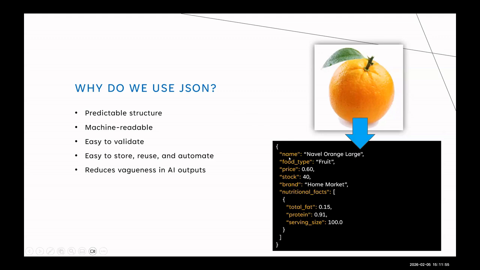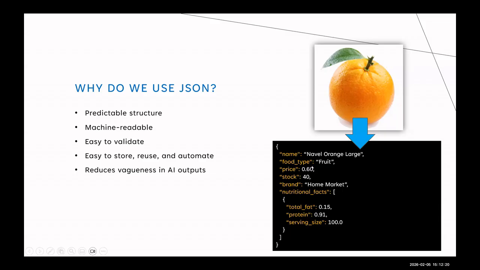So say you're a store owner and you have items to put on the shelf. You need an actual template for your pricing system or your inventory system. So here we have an orange. It's a navel orange, that's large for the name.